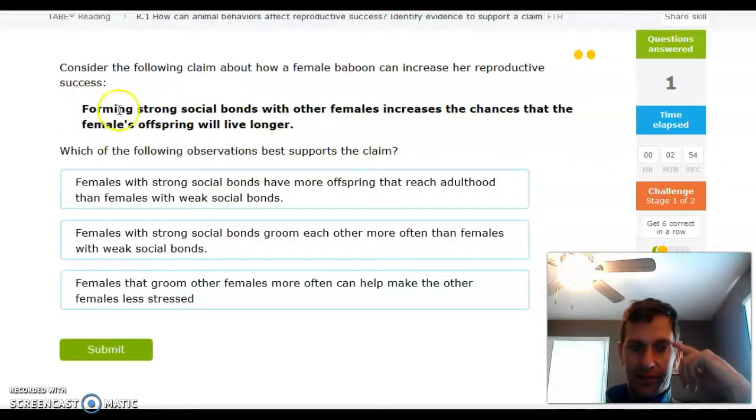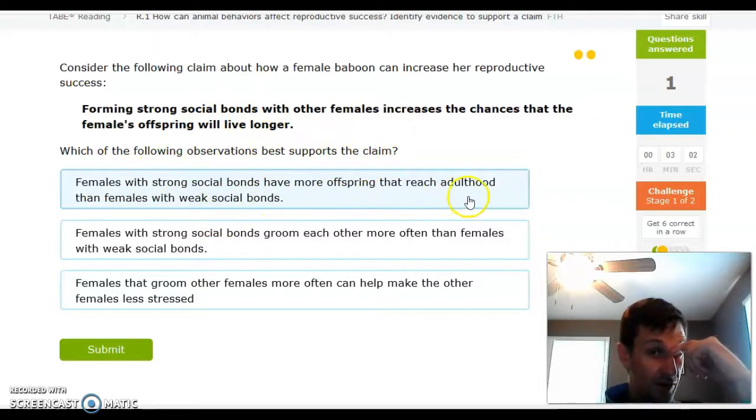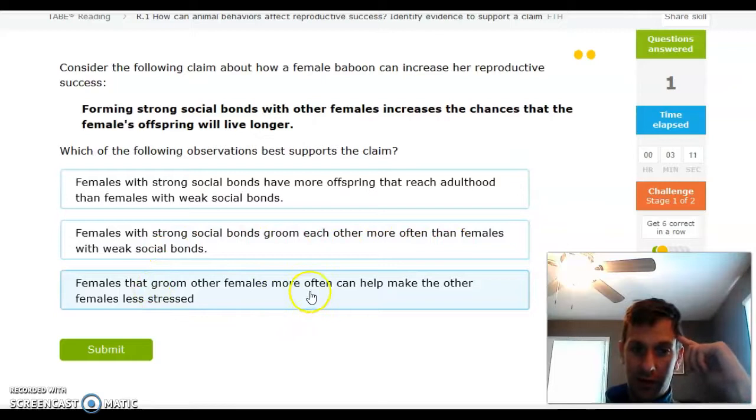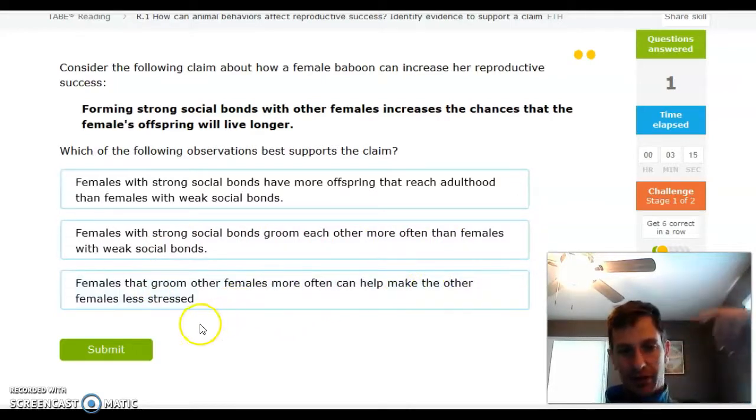So here's the claim: forming social bonds with others increases the chance they will live longer. What supports this? Females with strong social bonds have more offspring that reach adulthood than females with weak social bonds. Females that groom other females more often can help make the other females less stressed.